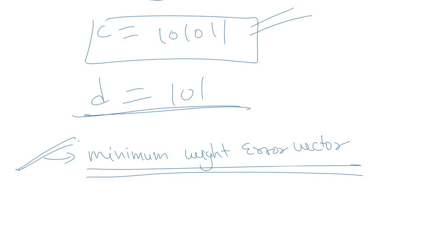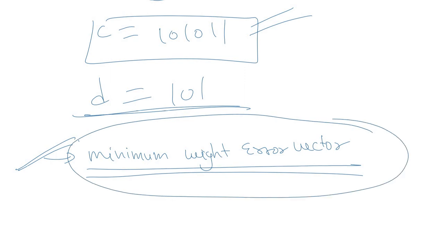So this is how we are going to adopt the decoding process, and we have seen that corresponding to a particular syndrome, or you can say a received word, we have non-unique error vectors which will not lead us to a unique received data word, right? So what we'll do is we'll look for a minimum weight error vector, and we'll utilize that to find out the received word and further the data word.